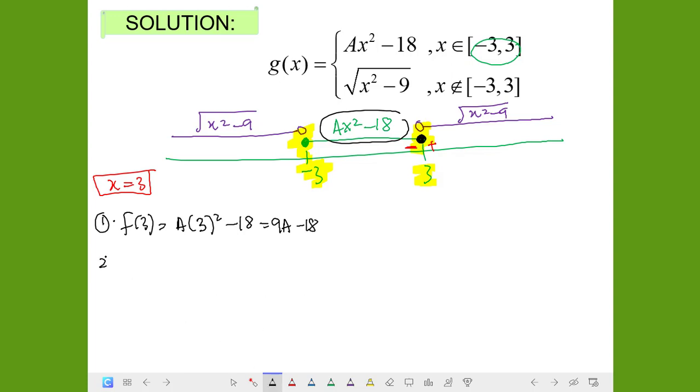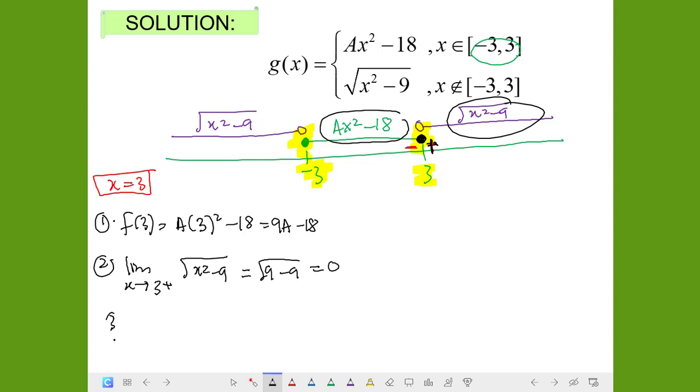The second step, find the limit x approaches 3 from the left or from the right. Since on the left-hand side you choose the same function, we take the right-hand side. That one is a different function, x squared minus 9. Substitute: 9 minus 9 is equal to 0. Step 3, number 1 equals number 2. So this one is equal.